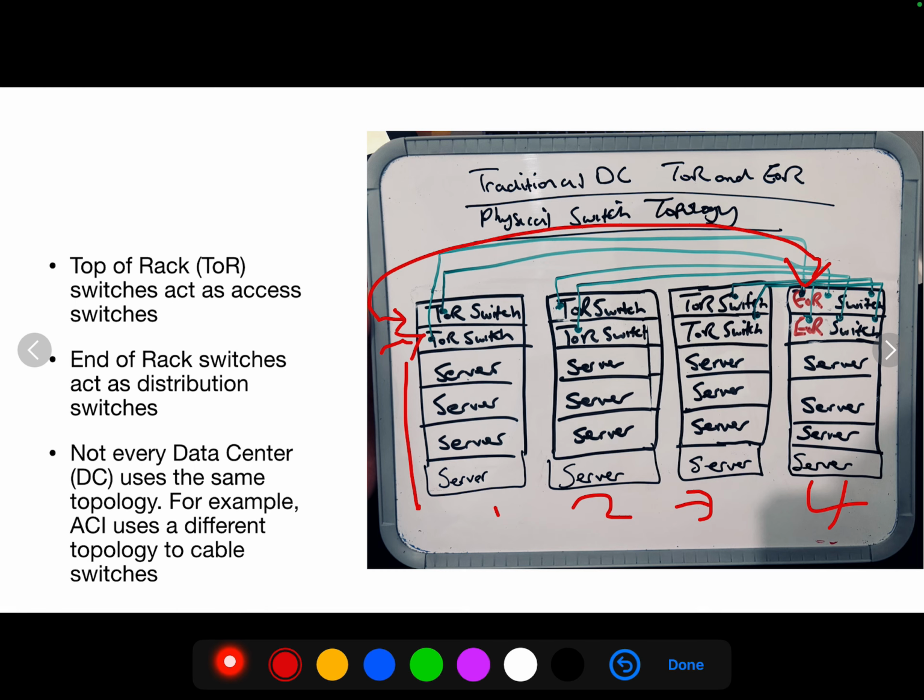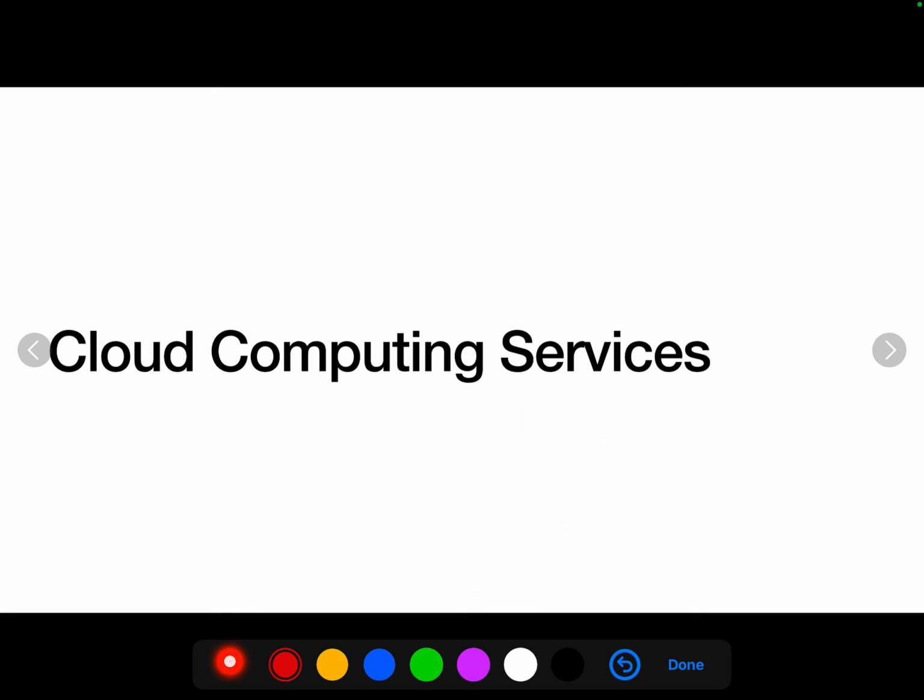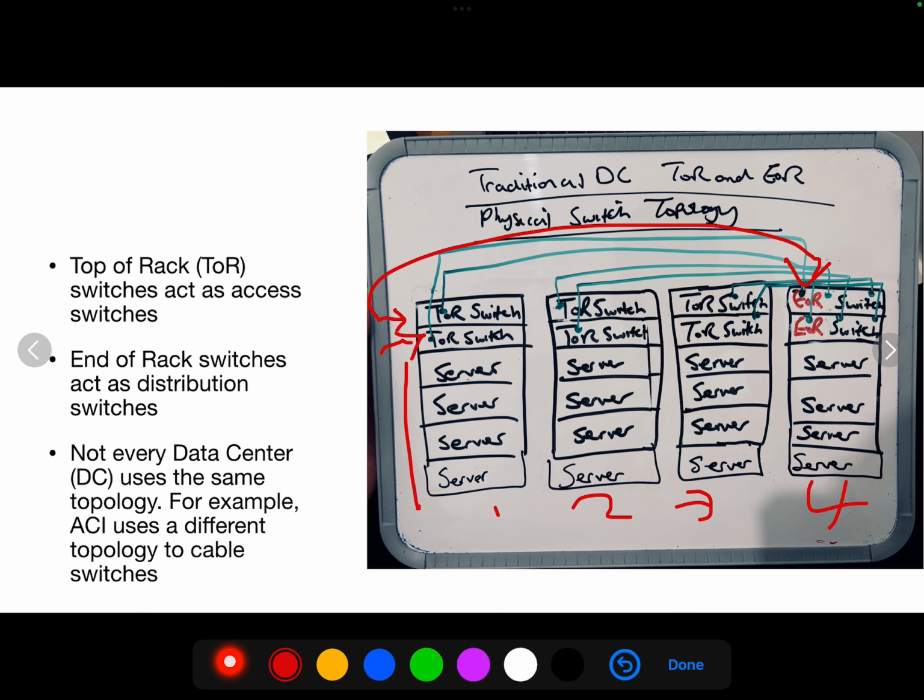Not every data center will look like this, but this is just an example. It gives you an idea that these servers, which are our end devices, connect into the access switches. The access switches sit at the top of the racks, and they connect to the end of rack switches. That's a typical design, one of the traditional designs.